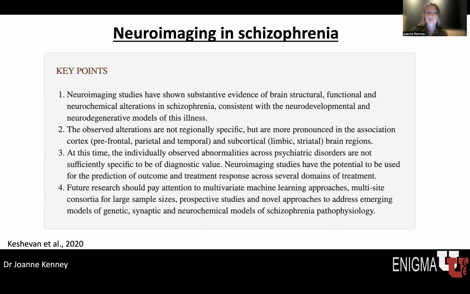It seems that these observed changes are not regionally specific, so they're not located in one region, but seem to be more pronounced throughout the brain, in the association cortex, like the prefrontal, parietal, and temporal regions, and subcortical regions like the limbic and striatal brain regions.